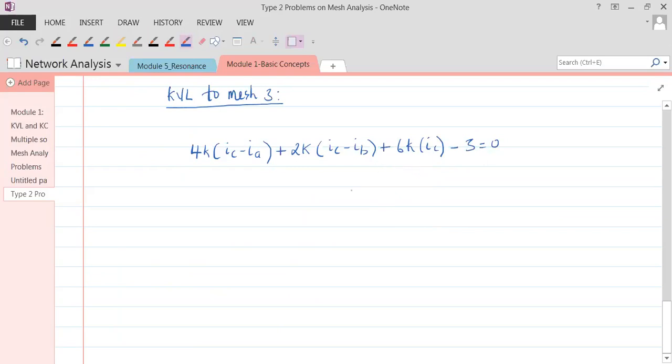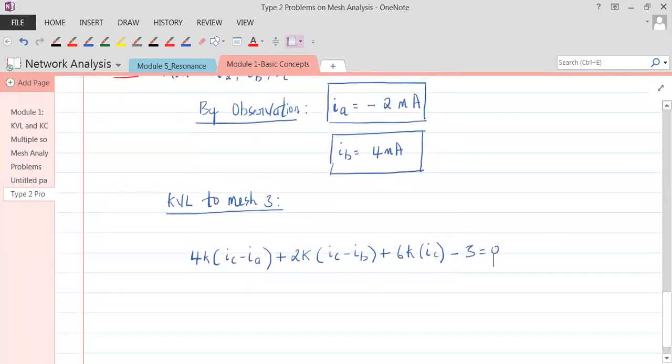Now substitute IA and IB. What is IA? IA is minus 2 milli and IB is 4 milli.